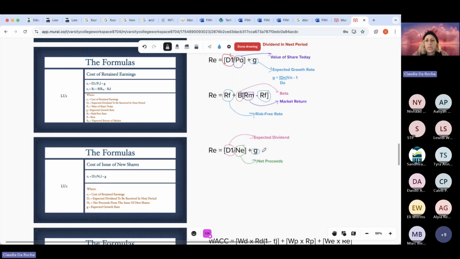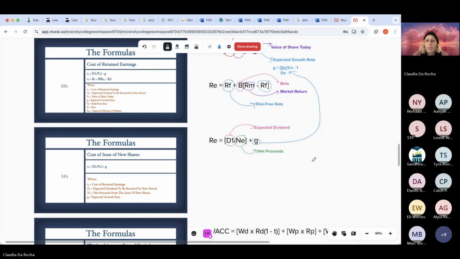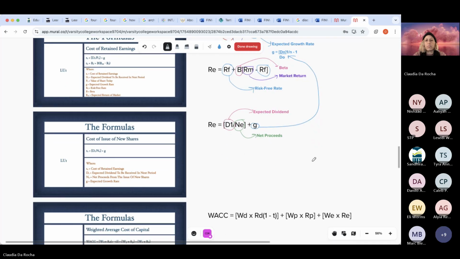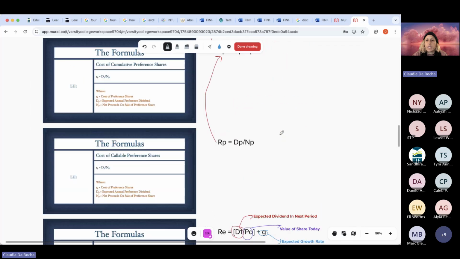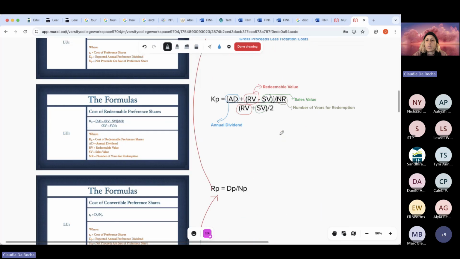Okay, and this is your growth as you would have done here. Your net proceeds would be the same as what we did here. So if I just go further up.